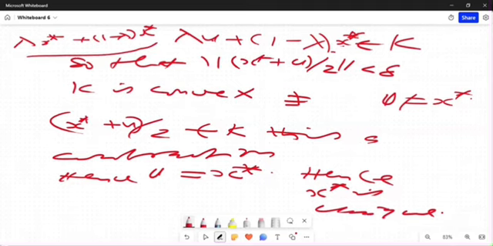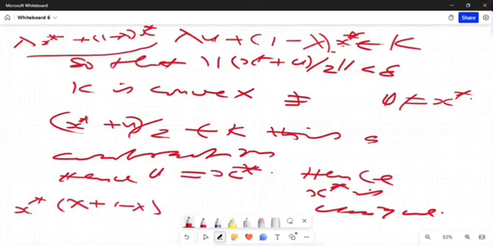So you now have X star into lambda plus 1 minus lambda. So you now see that here you just have X star only. But here, instead of having X star, you have X star plus U.